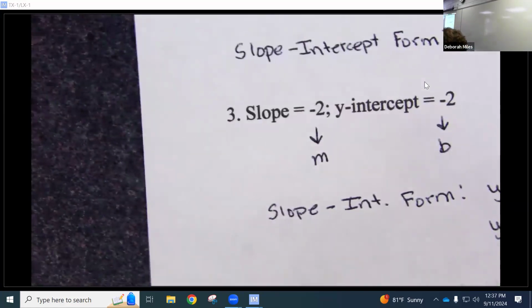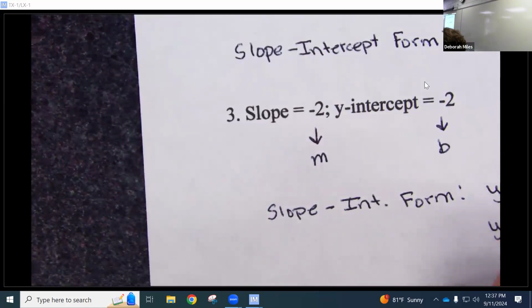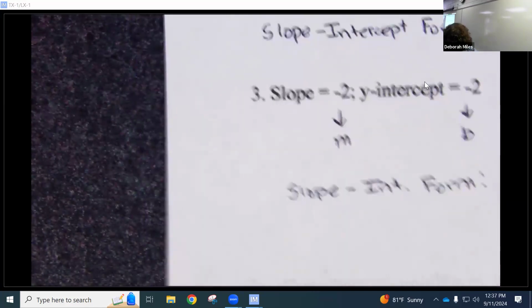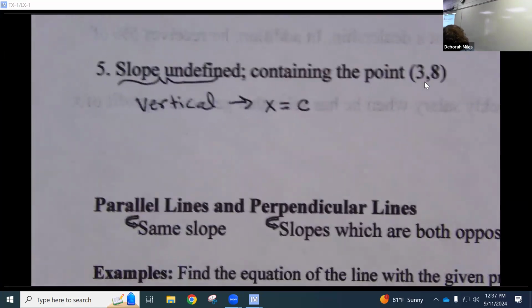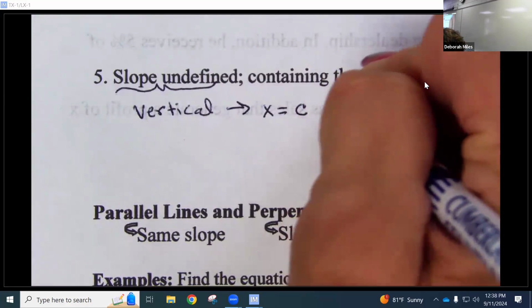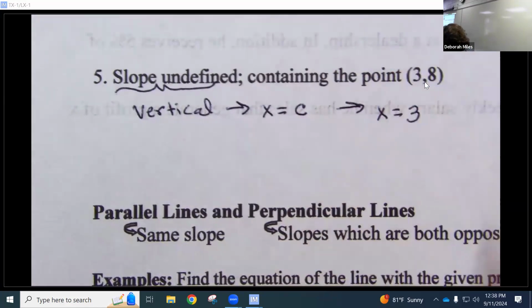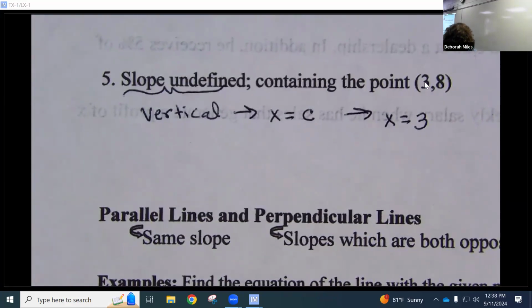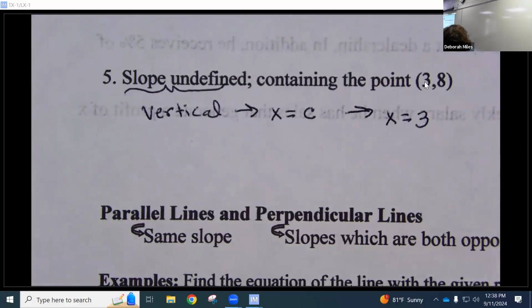X. X equals some constant. There it is. X equals some constant. And in this case, that constant is 3. It's just the line x equals 3.